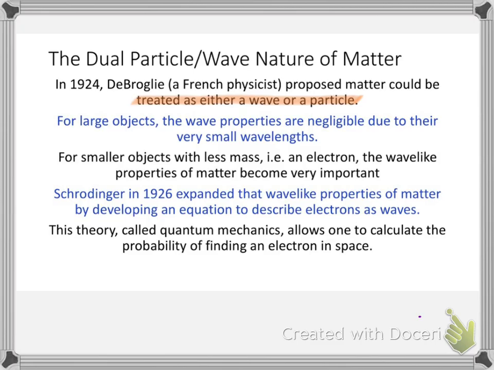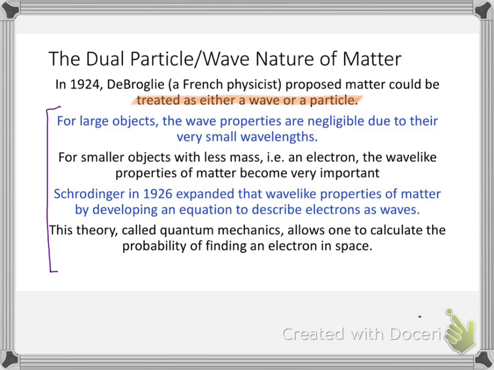Now remember, in Bohr's model, we talked a little bit about waves and how energy, like visible light, can travel through space in waves. So this idea that matter could be treated like a wave or like a particle was new.